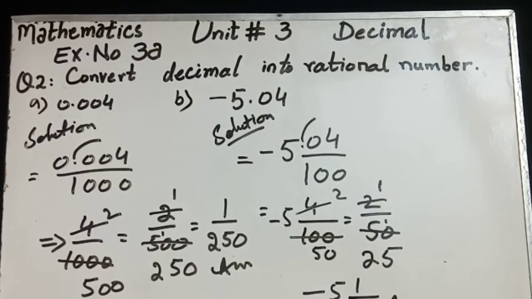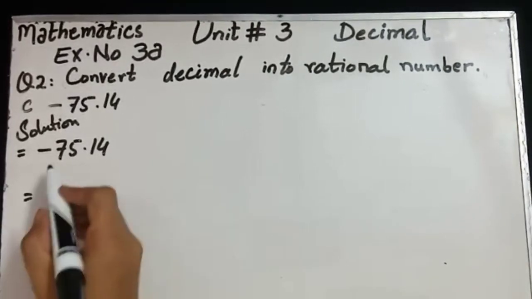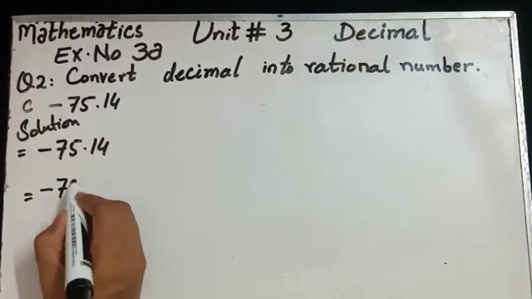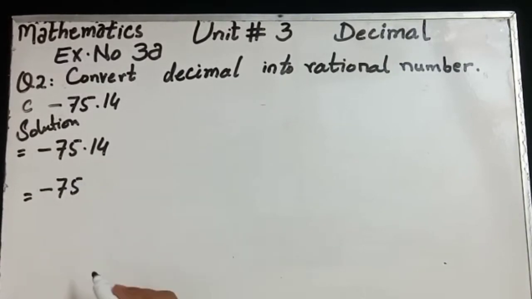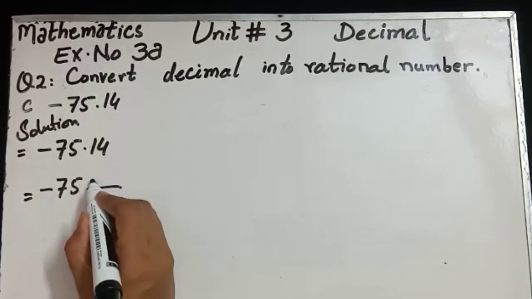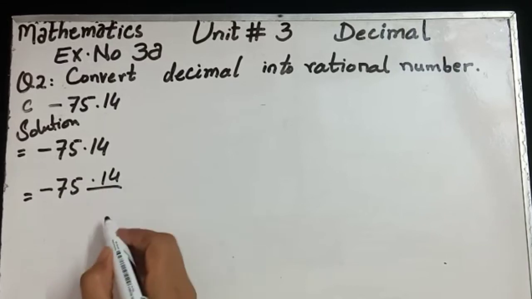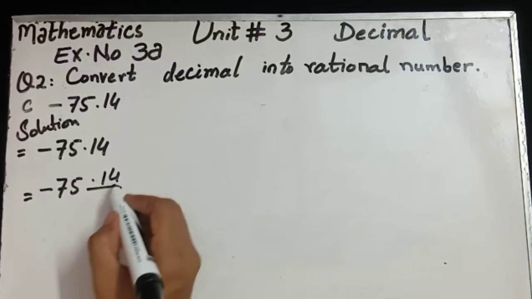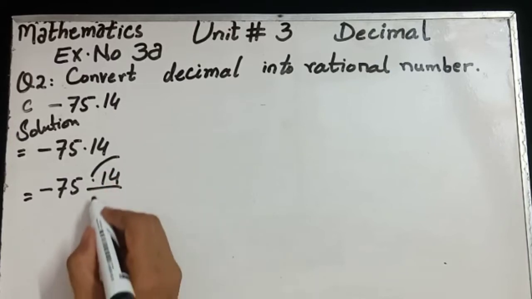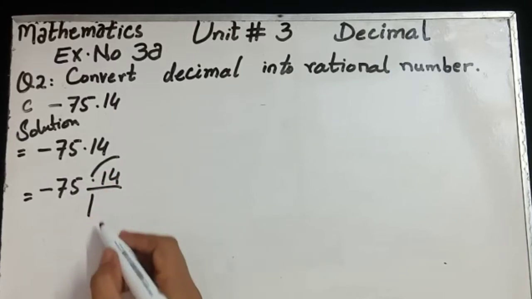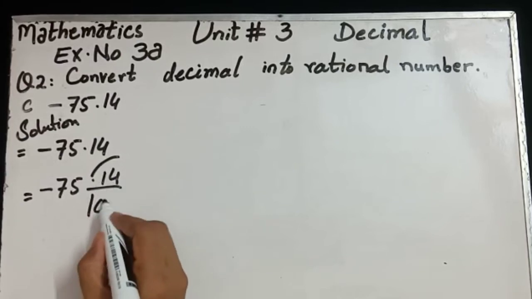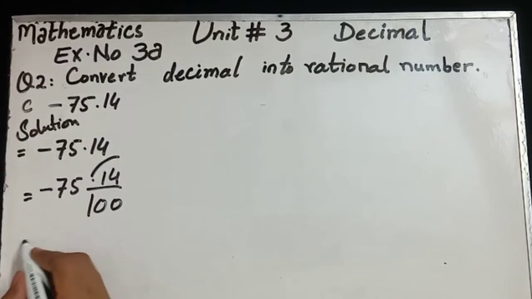Second part done. Third part, minus 75.14. So minus 75 we write in the whole number place. Before the decimal it's the whole number. Then 14; after the decimal read the number 14. Okay, remove the decimal, in place of the decimal we put 1. After the decimal count the digits, 2 digits, so we put 2 zeros.